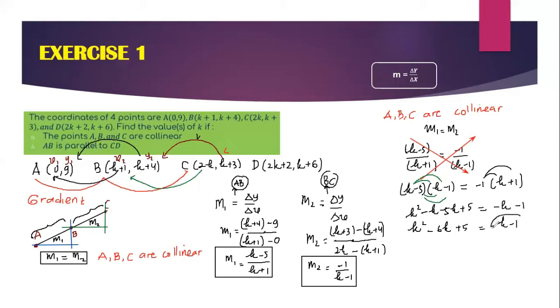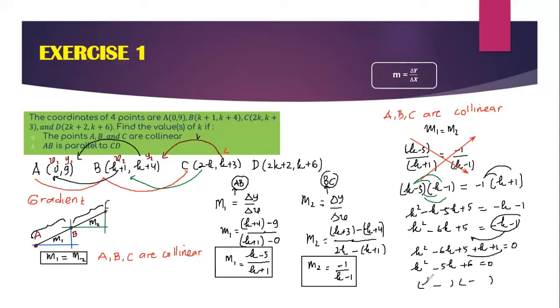Then all these items will be moved to the left side. So k squared minus 6k plus 5 plus k plus 1 equals 0. We can simplify: k squared minus 5k plus 6 equals 0. Now factorize. C is positive, so it will be negative, negative.